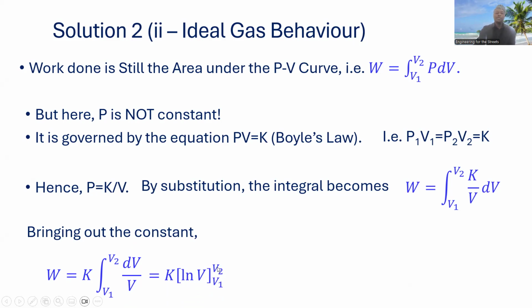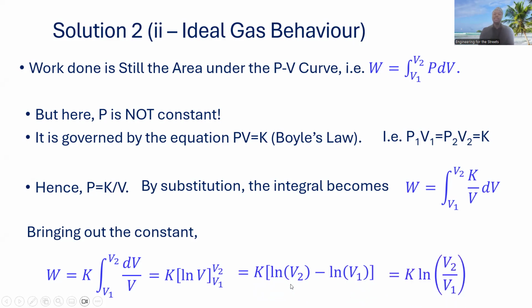And so it becomes K times natural logarithm V2 minus natural logarithm V1. And by the laws of logarithm, log A minus log B is equal to log A over B. So this gives rise to K natural logarithm V2 over V1.